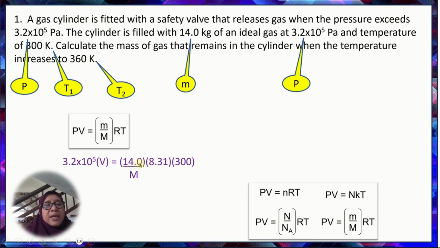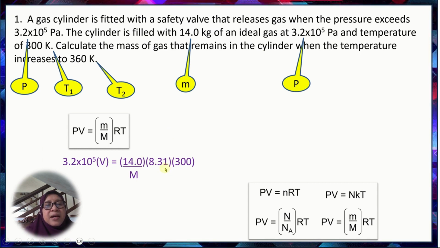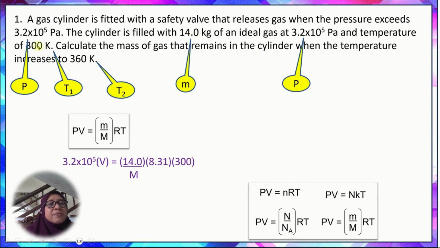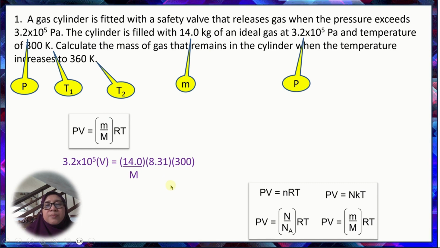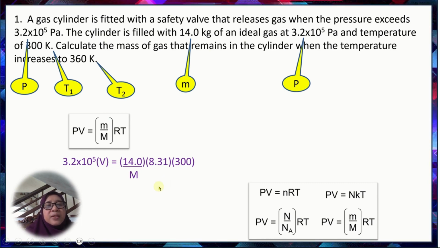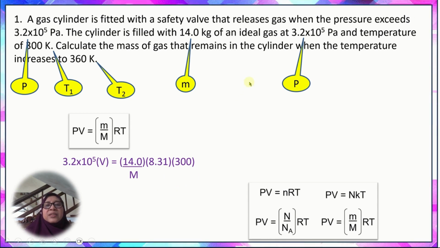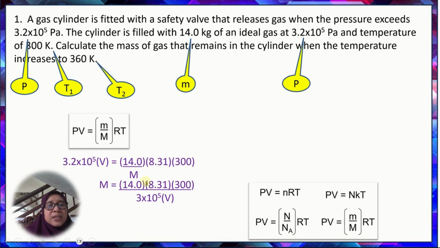Then the mass is 14, R is 8.31, and the temperature for the 14 kilogram mass is 300, given here as T1. The molar mass will be the same because we use the same gas in this gas cylinder. So this is equation 1.